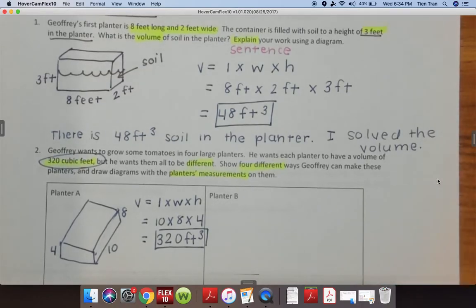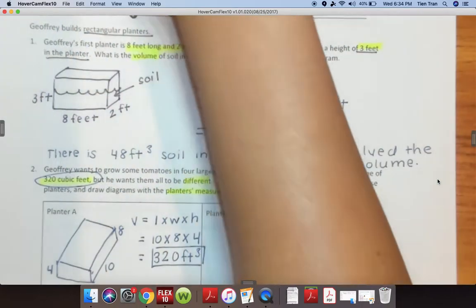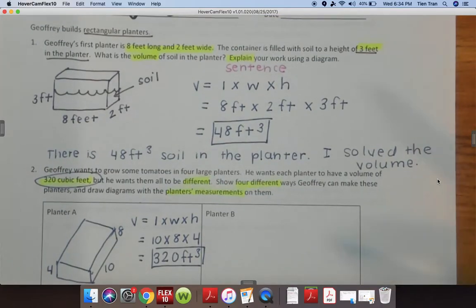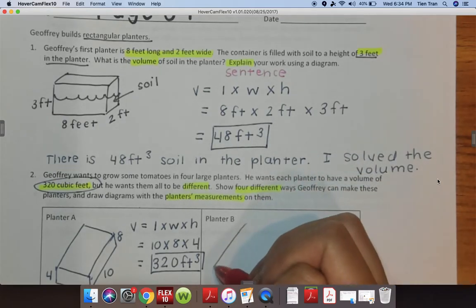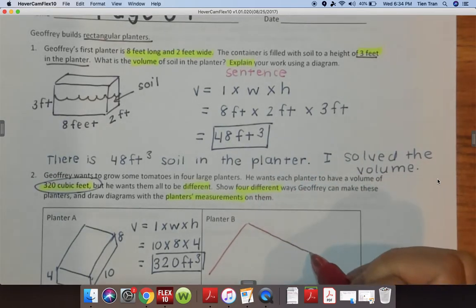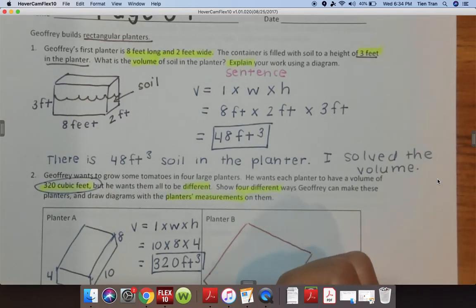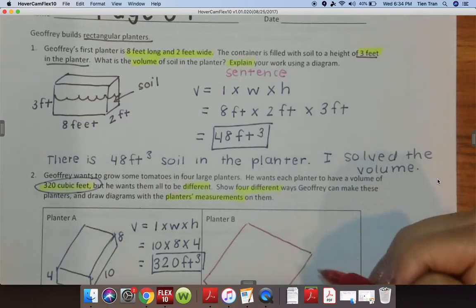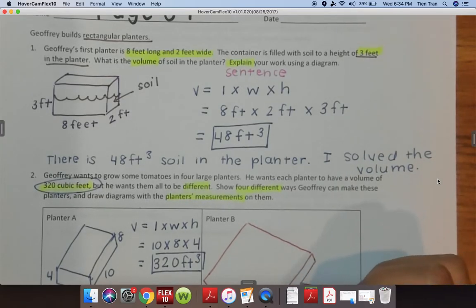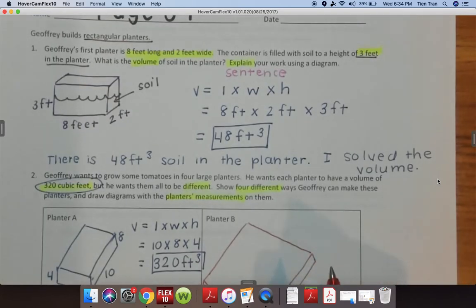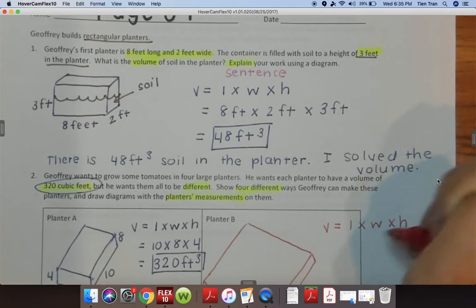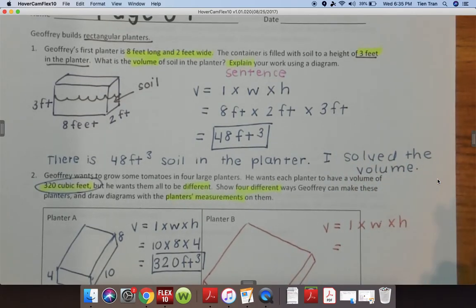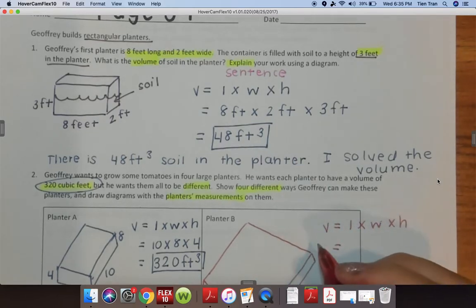Okay, now I'm going to move on to planter B. I'm going to draw another diagram. And this one is going to be very wide. Now it does not have to be perfect. Volume is equal to length times width times height. So my length is how long this is.